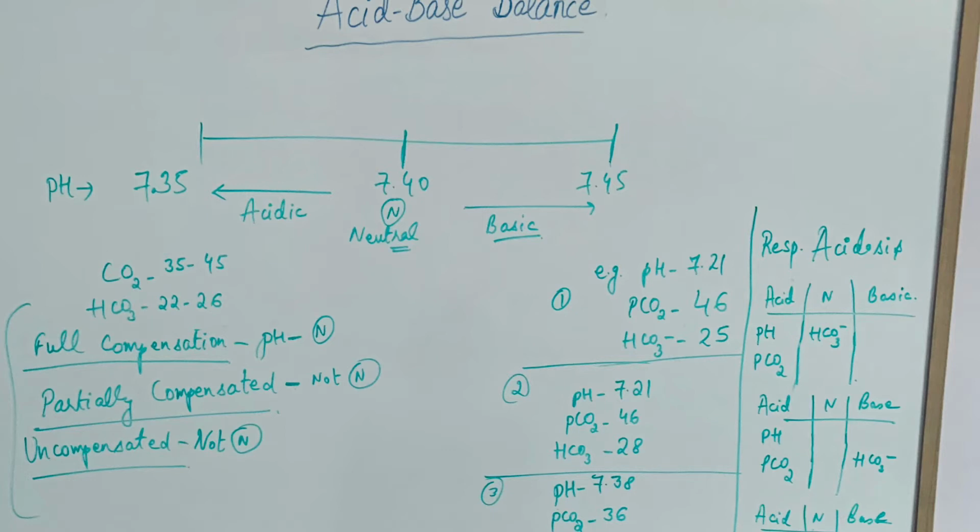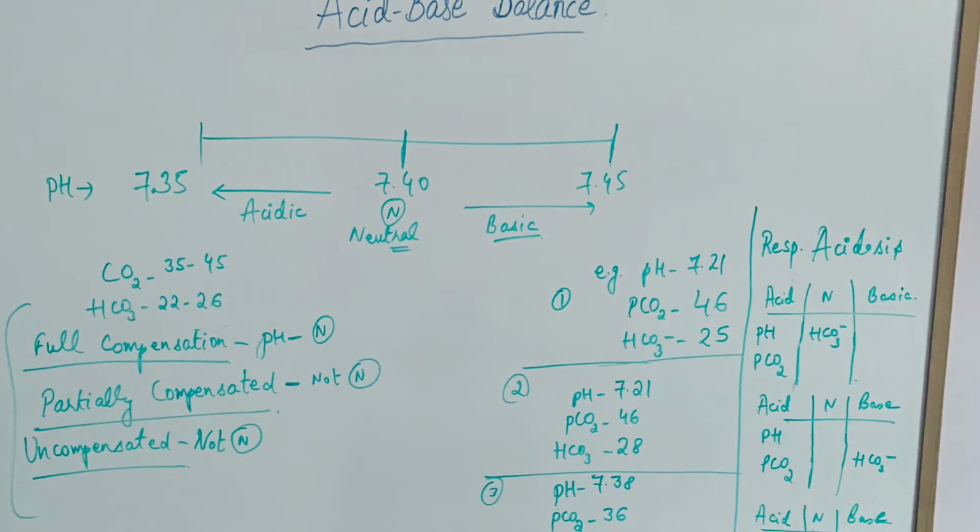So let's move on to how to check for full compensation, no compensation at all, and partial compensation of acidosis, both respiratory and metabolic, and alkalosis, both respiratory and metabolic. For looking for compensation, I have taken 3 examples.